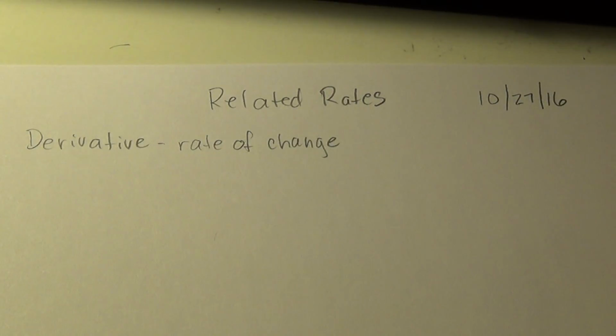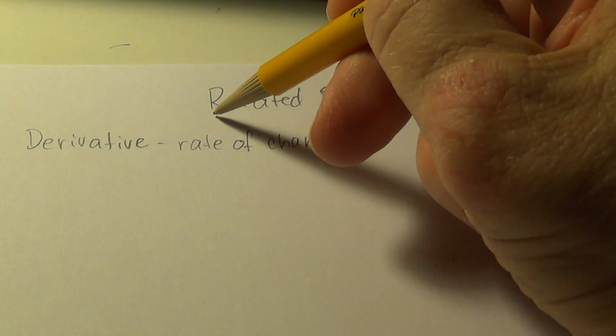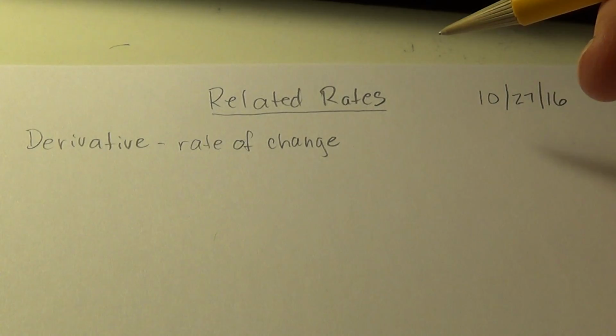We have done that a little bit, and we're going to build on that. When things are changing, they are crying out for you to use the derivative. So I'm going to teach two related rates problems today, and the first one is a classic.